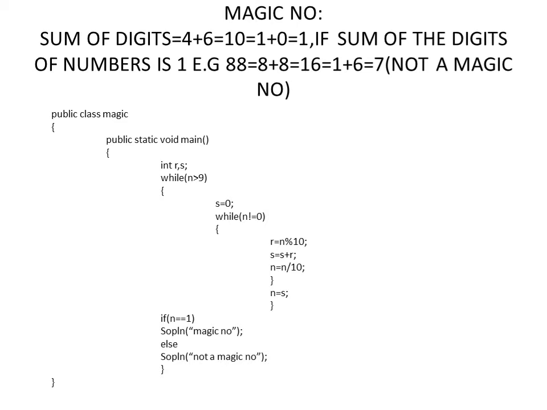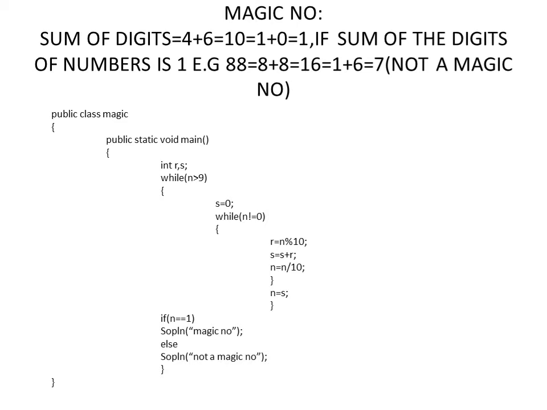Now let us focus on the declaration of the variables. Like I earlier told, declaration of the variables in the current scenario will be of integer type with r and s as the variables. Students can take the variables in any alphabet from A to Z. Now we shall start a while loop.